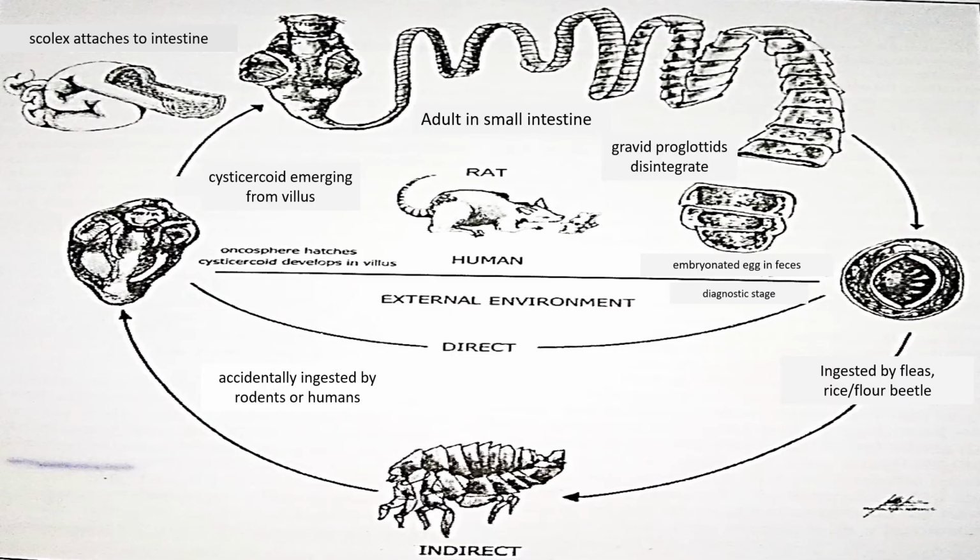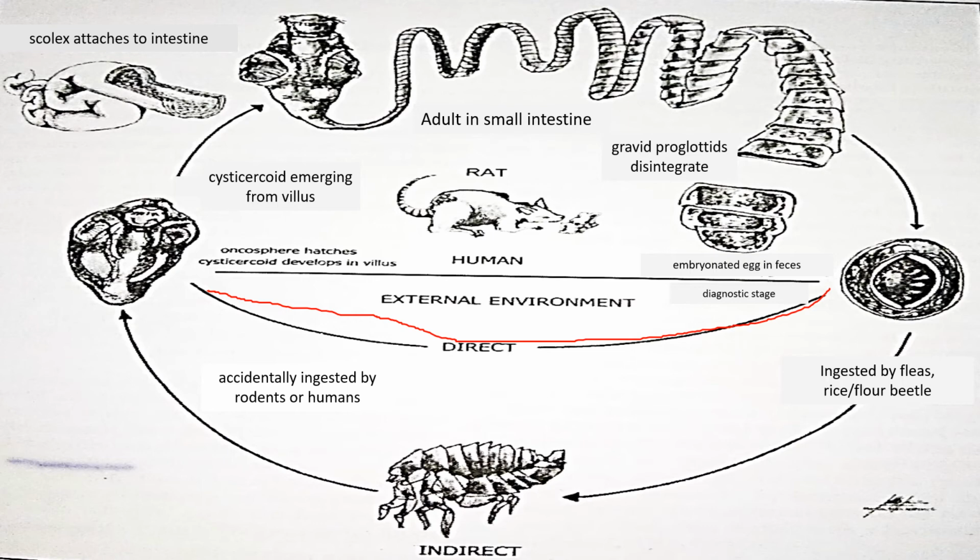So for the life cycle, the larval form is what we call the cysticercoid. Its life cycle has a dual pathway, direct and indirect. For the direct cycle, the host ingests eggs which hatch in the duodenum. The liberated embryos will penetrate the mucosal villi. Direct siya, ibig sabihin, ma-ingest mo directly ang egg.